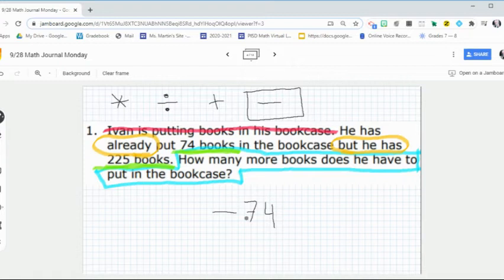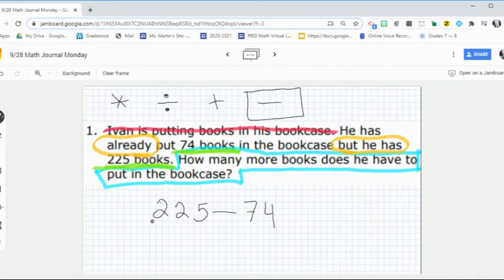So now we need to figure out, what are we subtracting 74 from? Look at our important information. But he has, that must be our beginning spot. But he has 225. So that's where I started. 225.